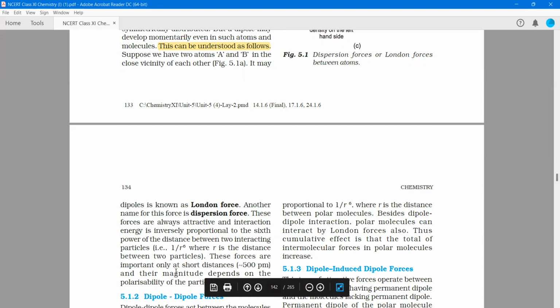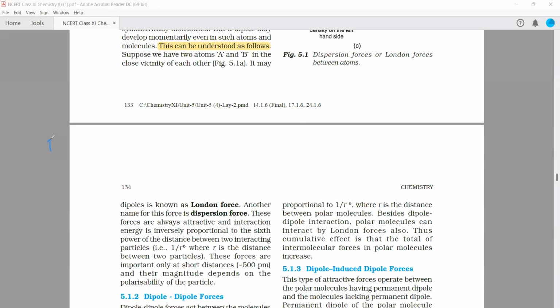So these forces are important only at shorter distances. If the distance r between two molecules is very small, then since r to the power of 6 is inversely proportional to the force, the force is inversely proportional to the sixth power of the distance between two atoms or molecules. See how much distance governs these forces. It is not 3, it is 6.